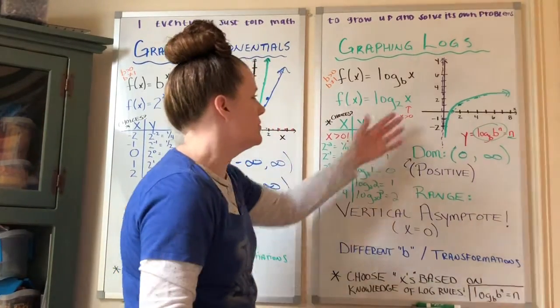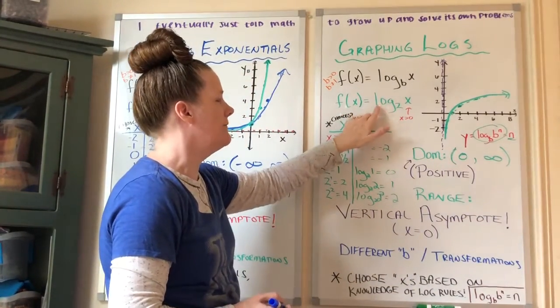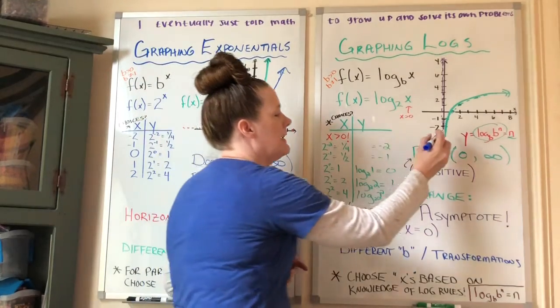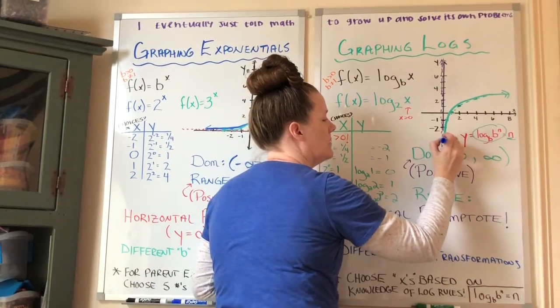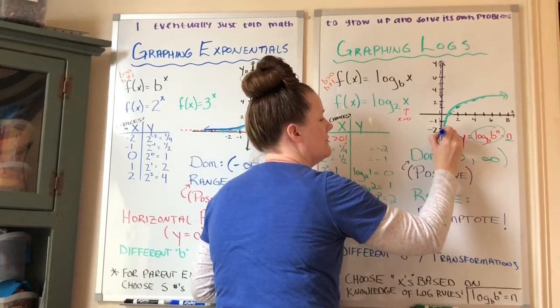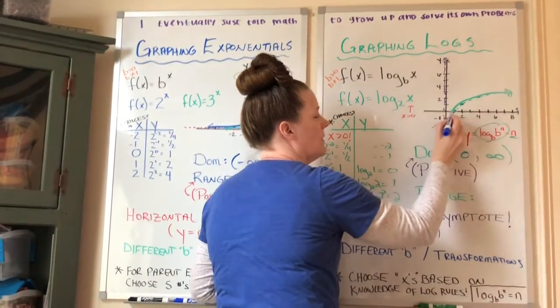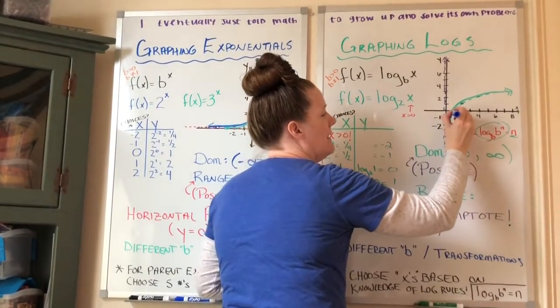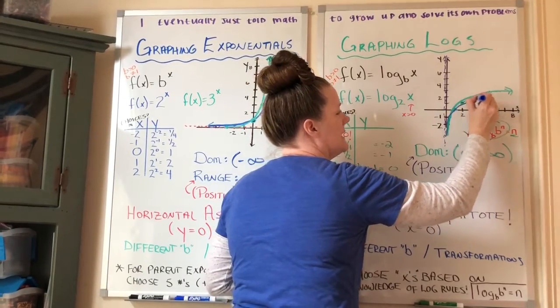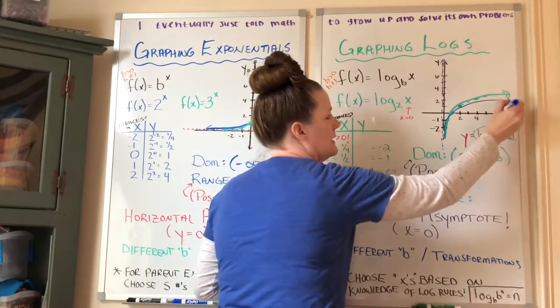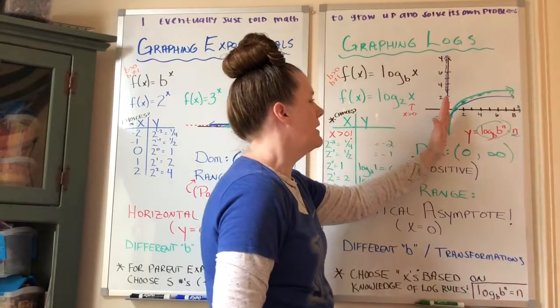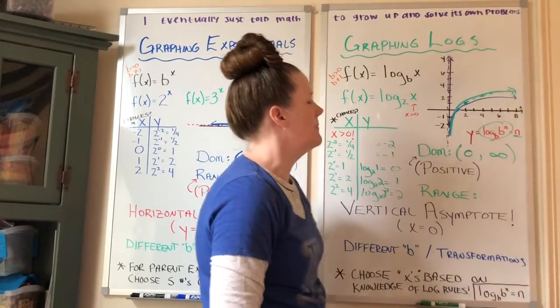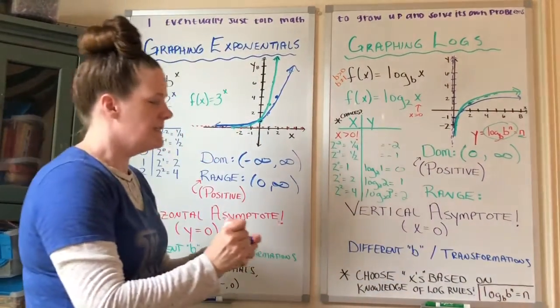But if I had chosen a 3, for example, and had graphed the log of x base 3, again, I would have seen that same characteristic starting down here at negative infinity. I would have come through the point 1, 0, and then I would have more quickly tapered off. So I would have more quickly made that turn and started to taper off. So that's the only difference that you see.